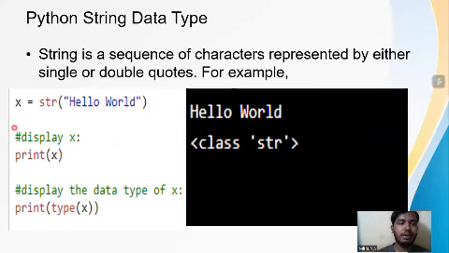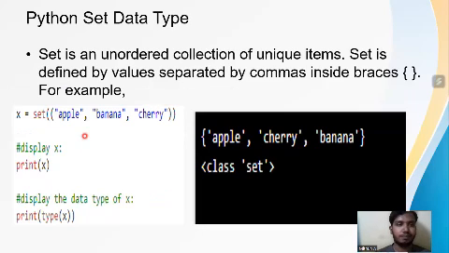Here the variable a is assigned with hello world. On printing the variable, we obtain hello world as the output, and the type of data type is string, because the value assigned to the variable is a string value.